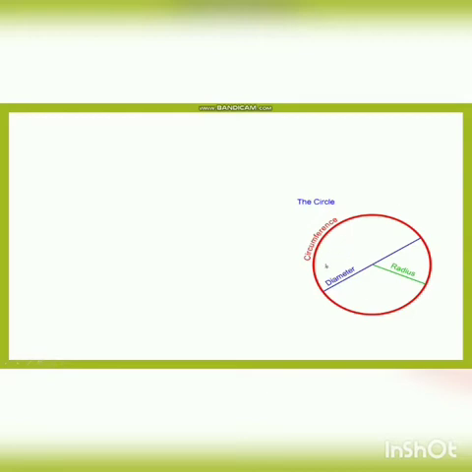You all know the whole angle of this circle is 360 degrees. So each semicircle is 180 degrees and 180 degrees. This is also an arc, the arc of a semicircle. Both arcs are equal because it is a semicircle.